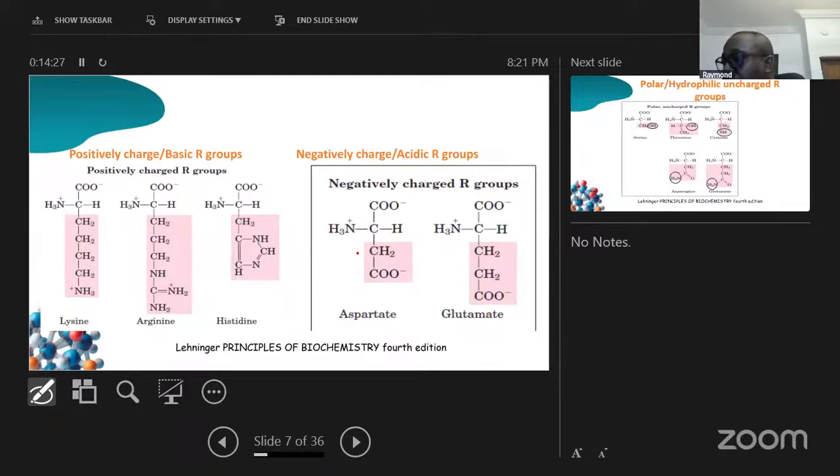Amino acids. Somebody is saying it's looking blurry. I can barely see. Okay.